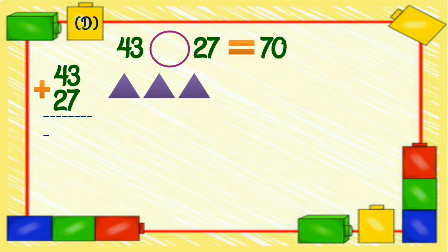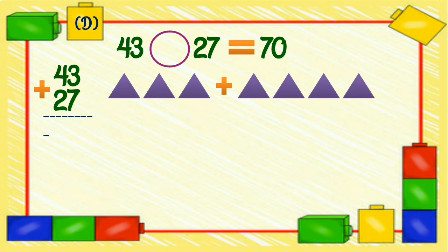Now 3 plus 7. So we add 7 into 3. Okay, now 1, 2, 3, 4, 5, 6 and 7.